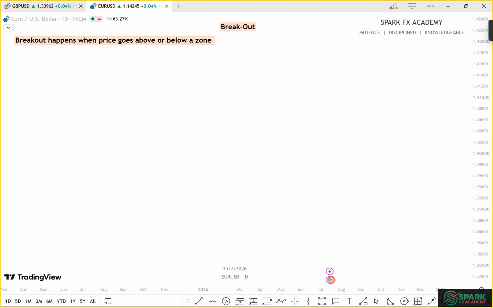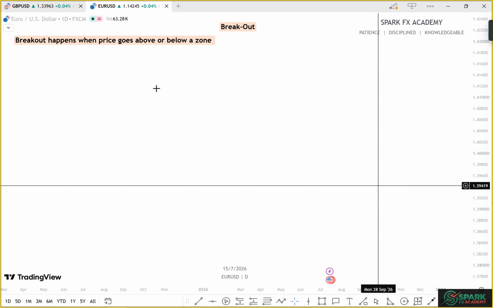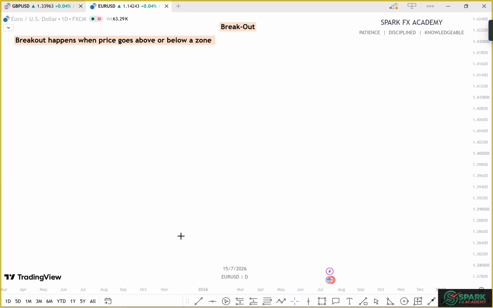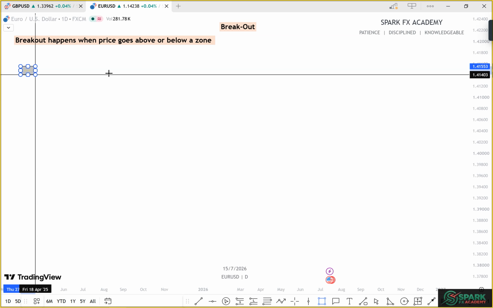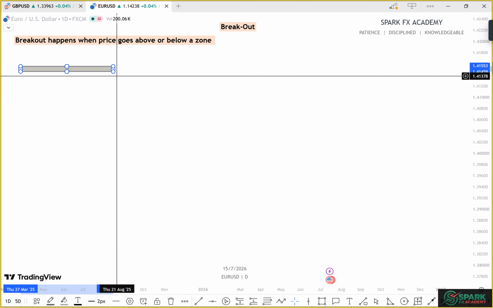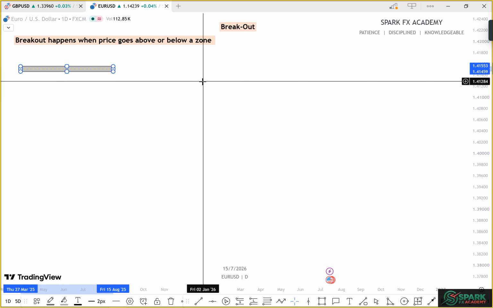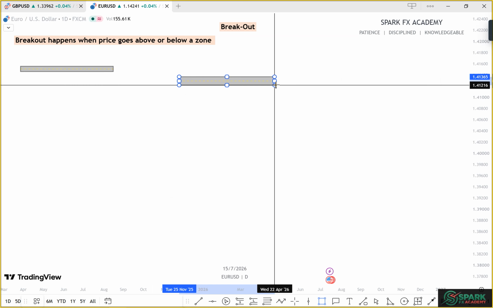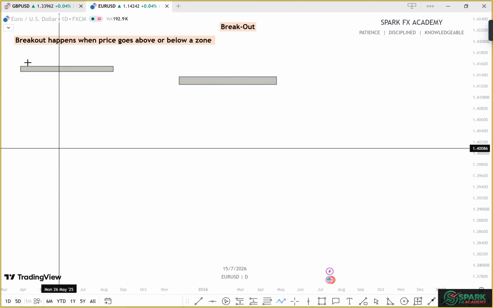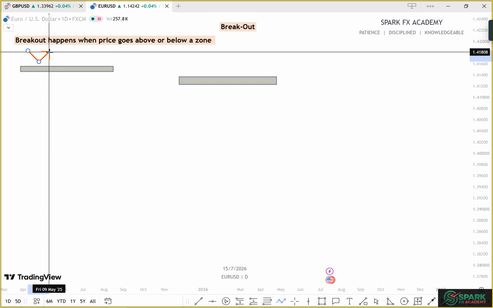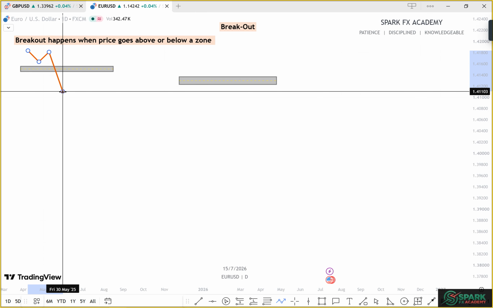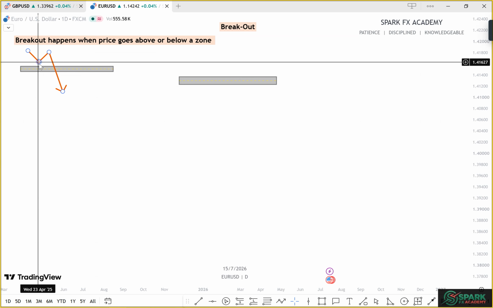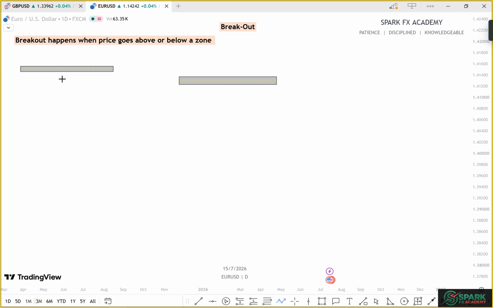So, for instance, if we have a zone here like this, and then we have another zone here. Now, if price is here and then price goes below this zone, you can see. So this is the zone.